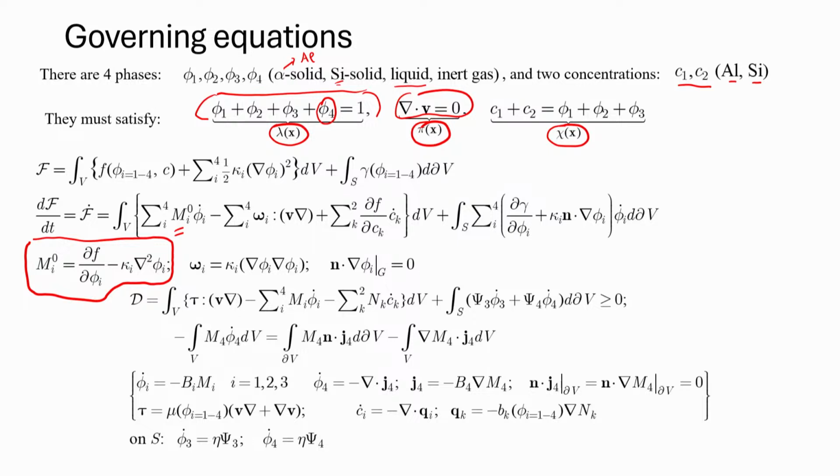Now, dissipation. Dissipation, to remind you, is energy transformed from potential energy into heat. We are mostly interested in the peak temperature, so we really treat this as an isothermal process, because any heat released due to dissipation is much smaller than the heat that we put in or take away from the outside.